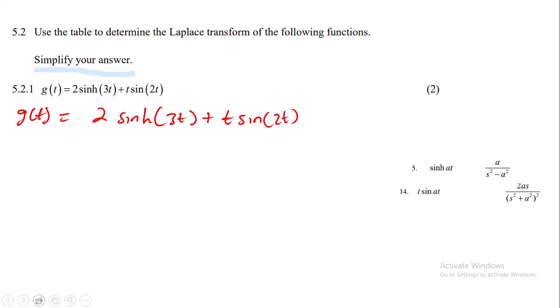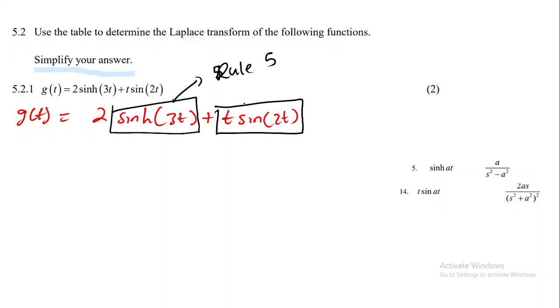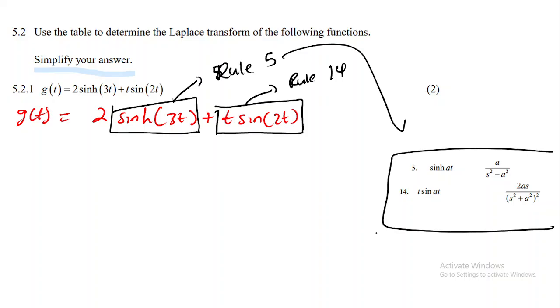If you look into your table, for the first term we're going to use rule number 5, and for the second term we're going to use rule number 14. Of course, I have attached these rules here. These are the rules that we actually need to apply.